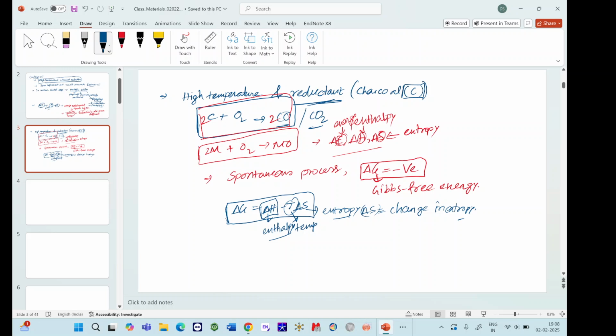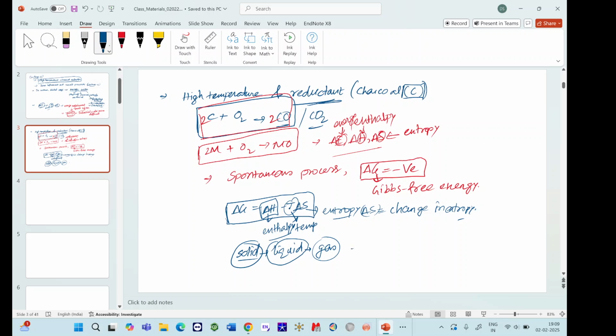Suppose you are going from solid to liquid, then to gas. As solid is more compact, your entropy will be much less. If you go to liquid, it will be much more dispersed and entropy will increase. Then when you go to gas, entropy will increase much more.